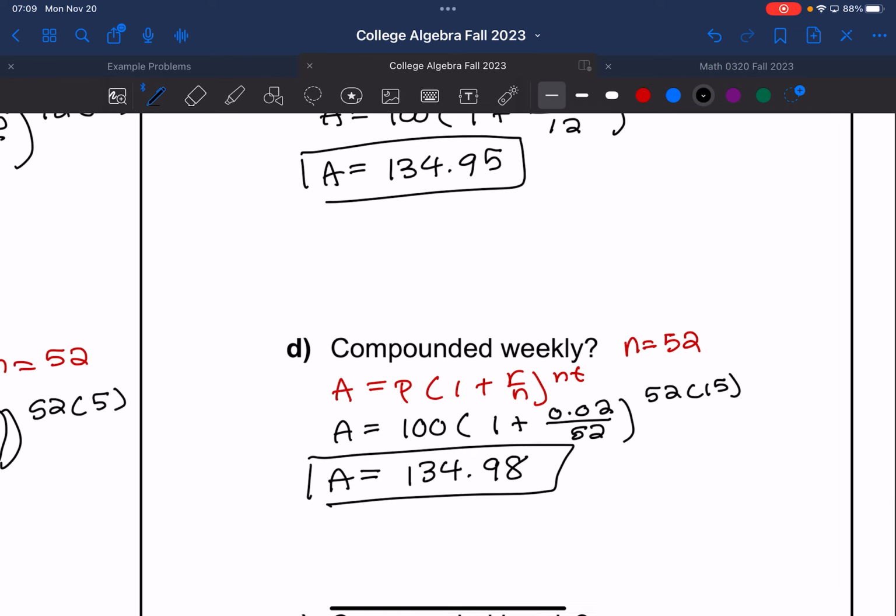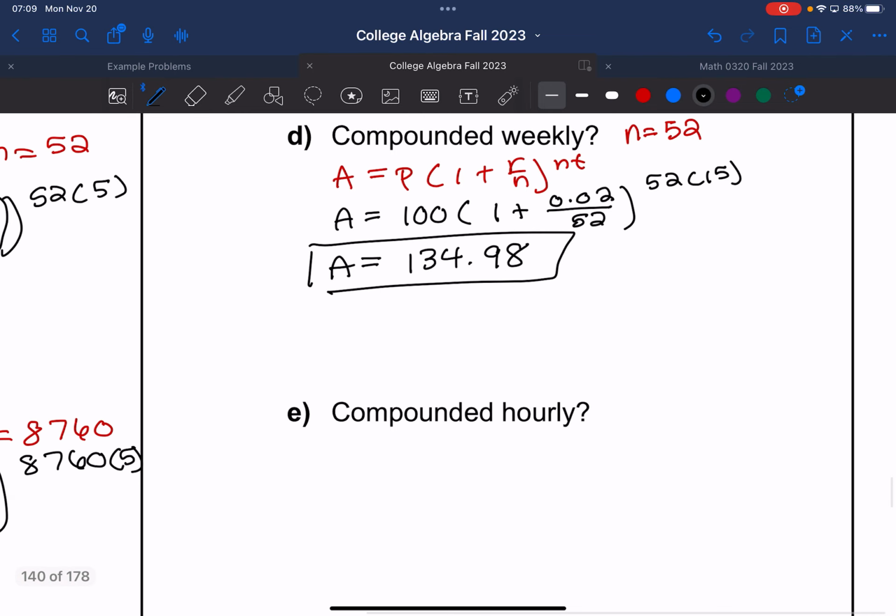Okay, so it looks like each one we're improving by a few cents so far. Now we're compounding hourly, and remember I said there are 8,760 hours in a year.